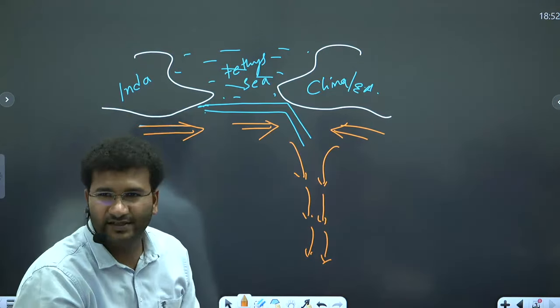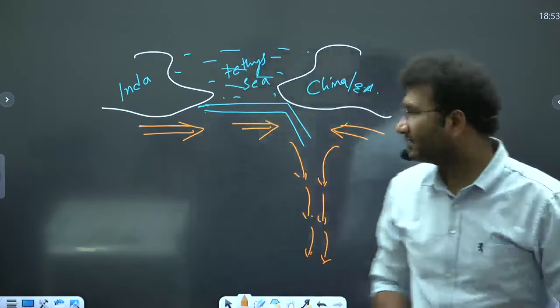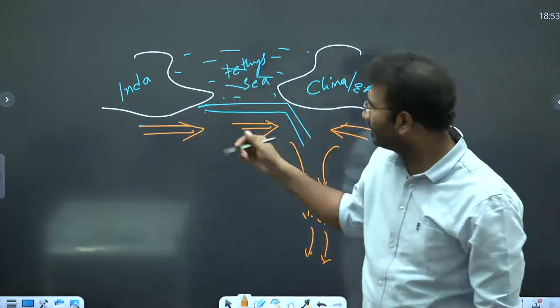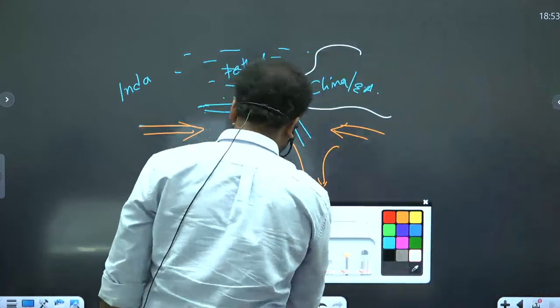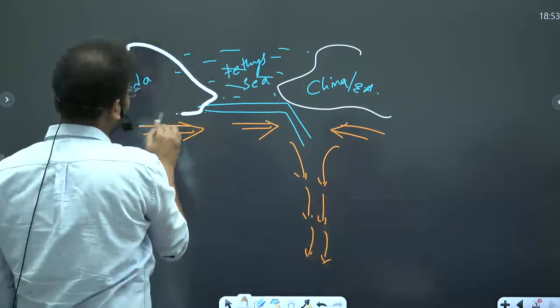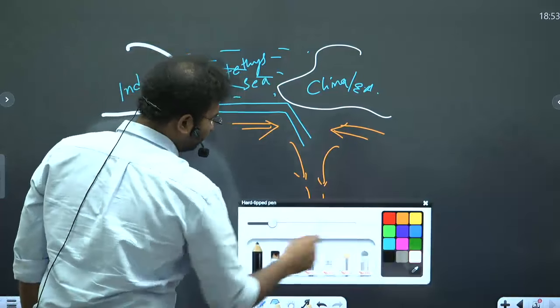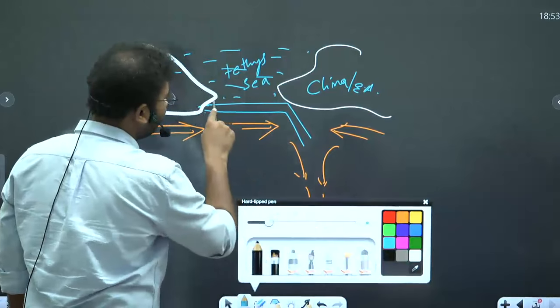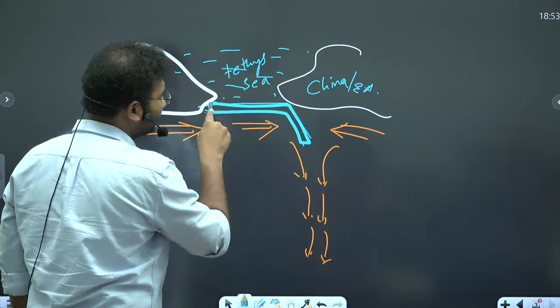Clear? Now we'll try to go one step ahead. See, on a consistent basis, imagine that you're continuously pushing the Indian plate further. What happens to the Tethys Sea plate?